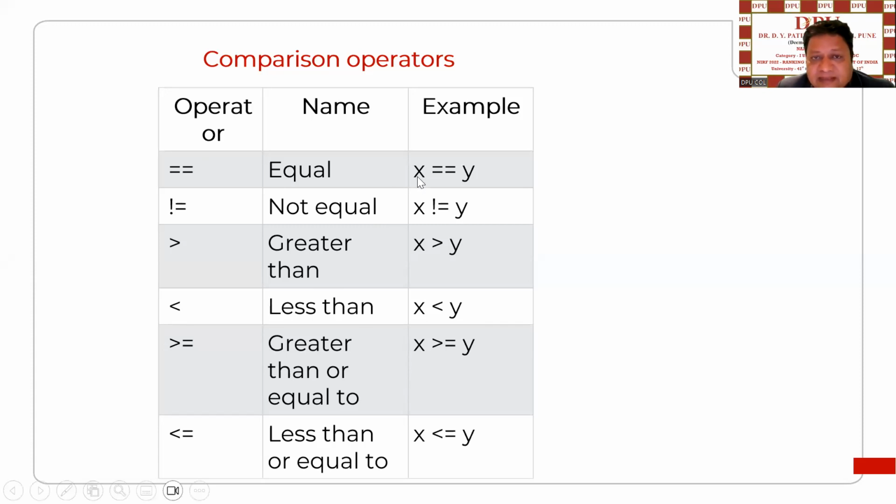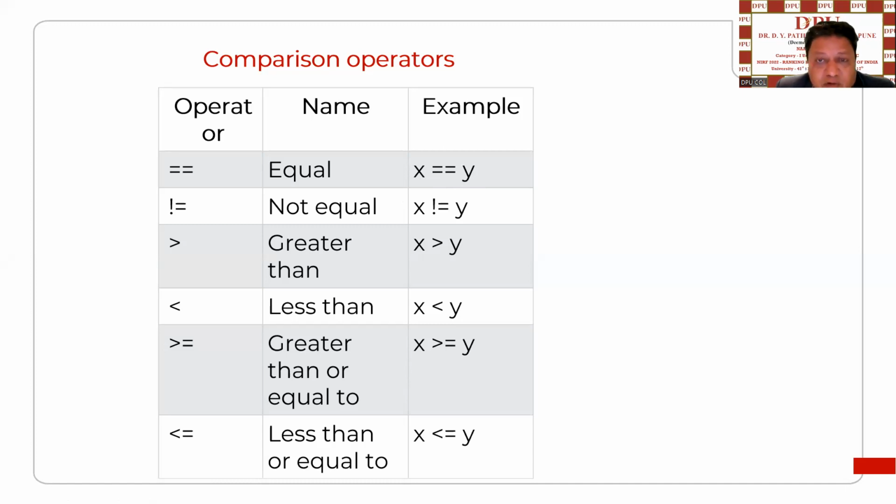So if x contains 10 and y also contains 10, and I say x is equal to y, then I will get true, because x and y have the same value, 10. If x and y have different values, then I will get false as the output. So remember that the output of the comparison or relational operator is always a Boolean value. It will tell you whether the statement is true or false.